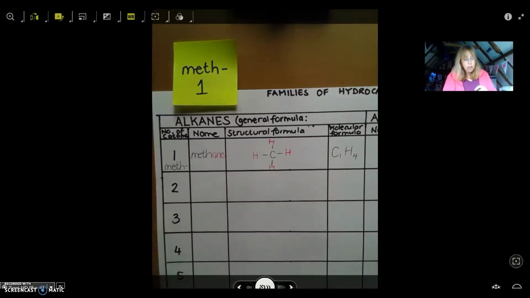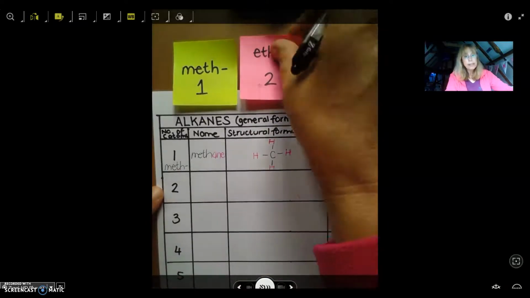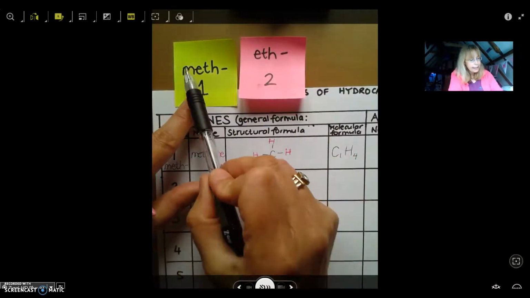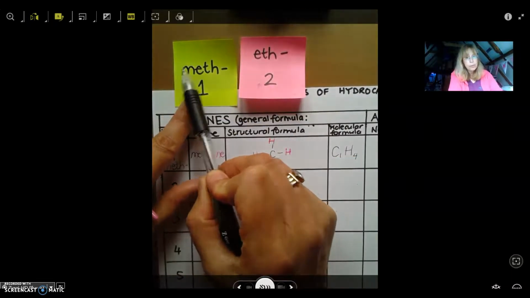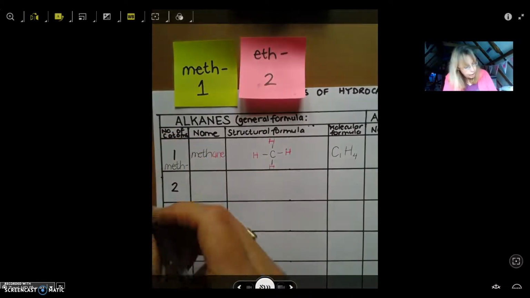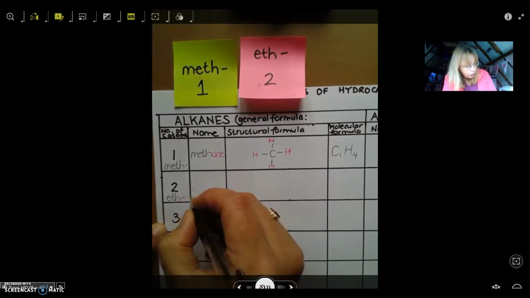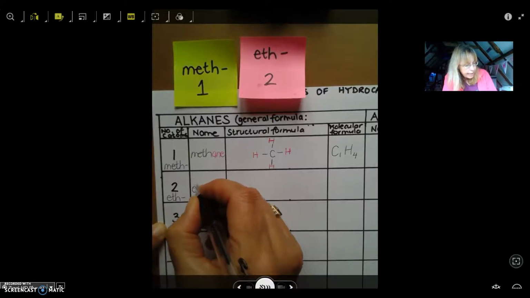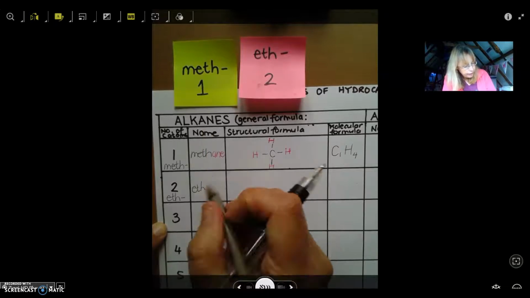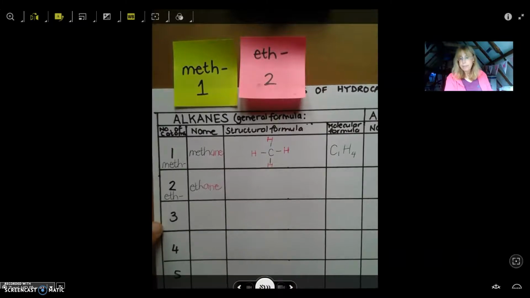The hydrocarbon with 2 carbons, I always look at meth and I chop off the M, so I've got the second letter, which is the E, and then I get F. So I'm going to have ETH as my prefix, and therefore you're absolutely right, the alkane is going to be called ethane, ending in ane, because it's a member of the alkane family.